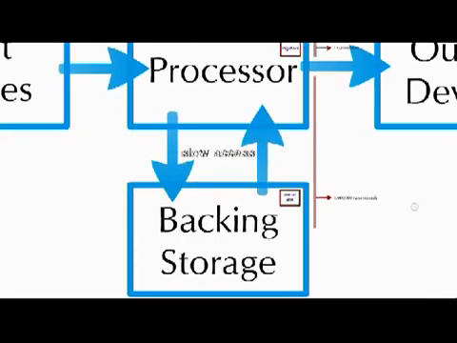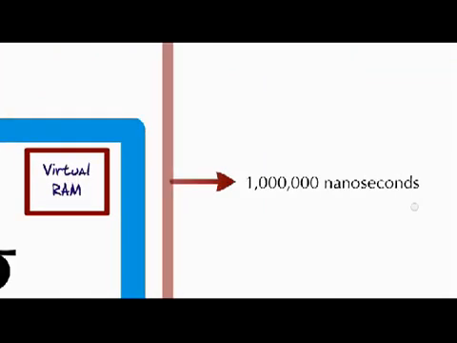So virtual RAM, access speed of that is 1,000,000 nanoseconds, which is an awful lot more than 50. So virtual RAM is by far the slowest type of memory that you can access, but because it uses a hard drive, it's probably the cheapest on balance.